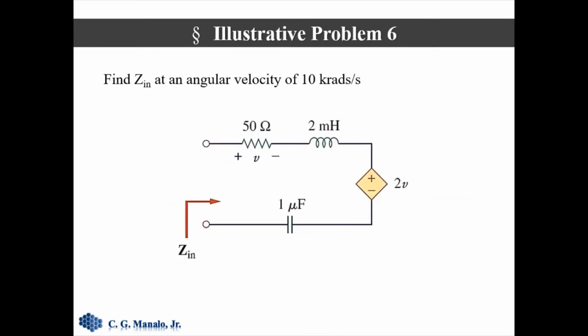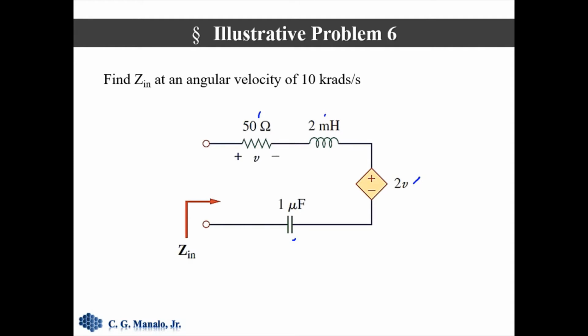In this last example, we're required to get the impedance between the open terminals. We could have hoped to simply add the values of the elements after converting them to phasors, but the presence of the dependent voltage source makes that impossible.